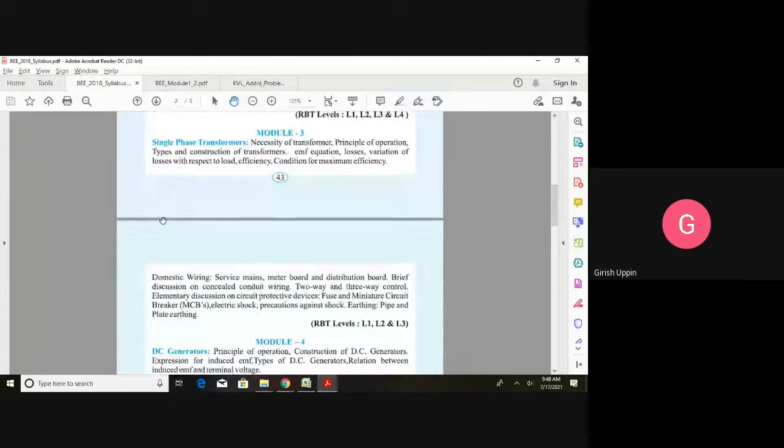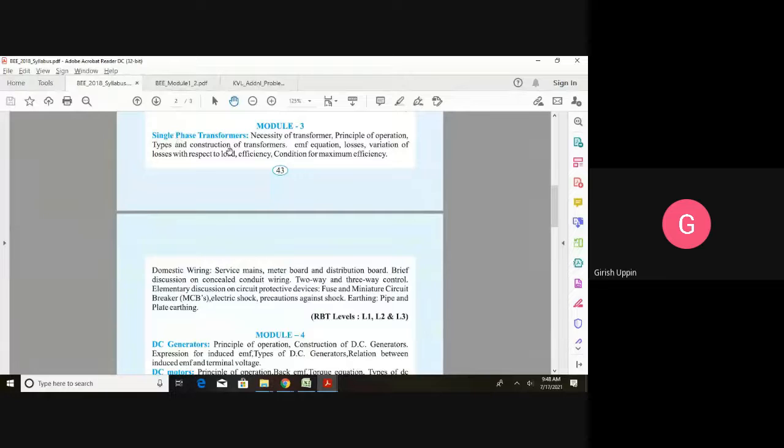In case of module 3, the single phase transformer is very simple. The most important question from the single phase transformer is the EMF equation, the derivation of the EMF equation. Second most important question is the condition for maximum efficiency. Then there can be questions like write a note on the losses, what is efficiency, all those things.